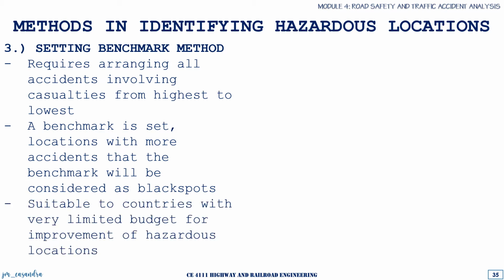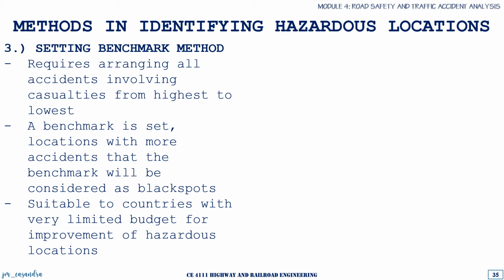So the setting benchmark method, or simply the benchmark method, is applicable for countries that have a very limited or very small budget with regards to improvement of hazardous locations or improvement of road safety.